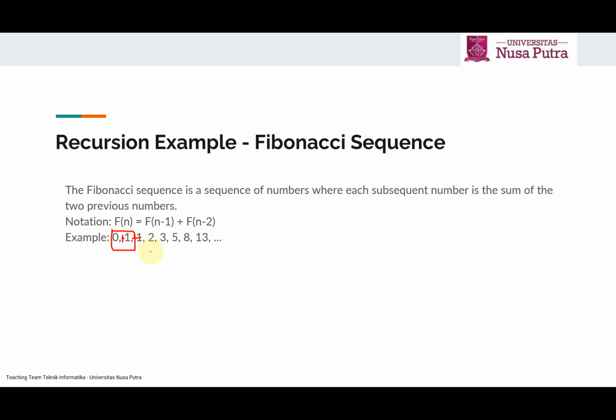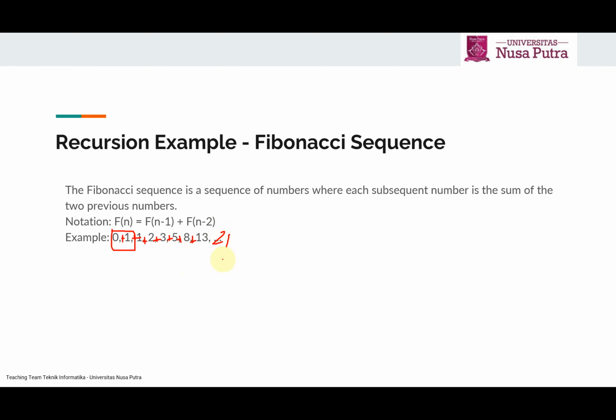The next is equal to the sum of the two numbers before. For example, 1 plus 2 is 3, 2 plus 3 is 5, 3 plus 5 is 8, 5 plus 8 is 13, 8 plus 13 is what? It will be 21, right?